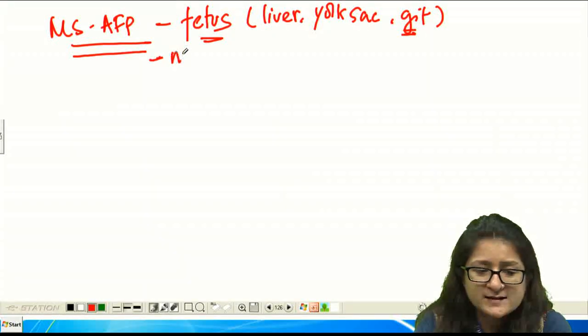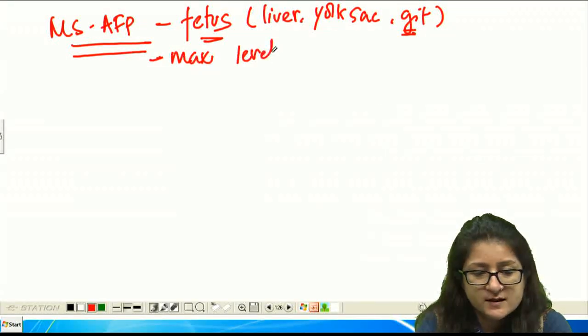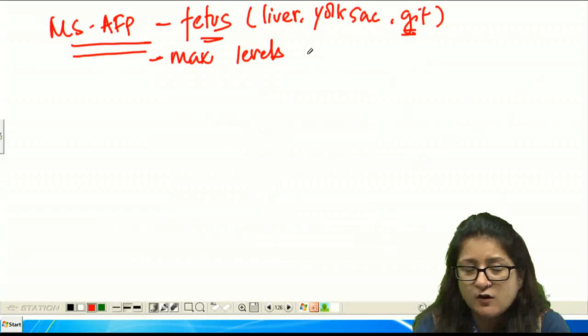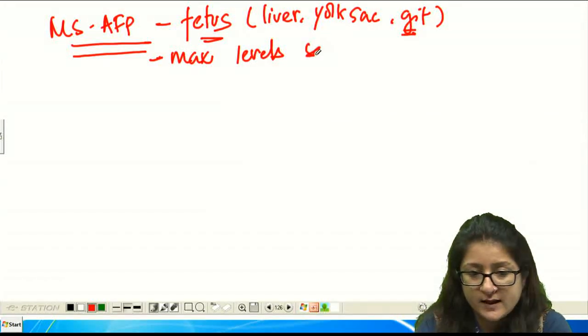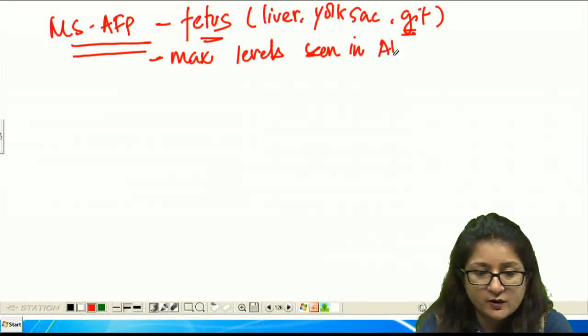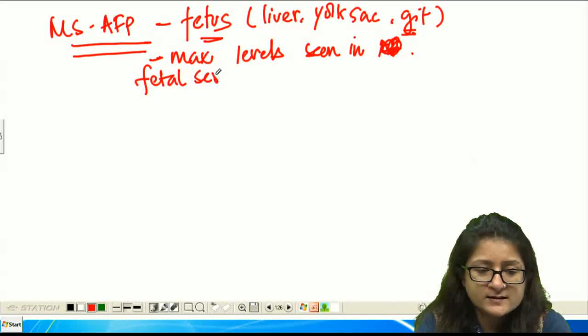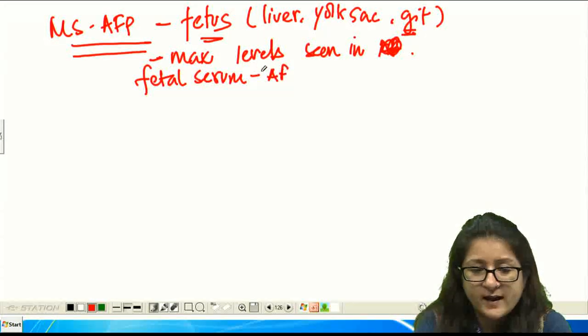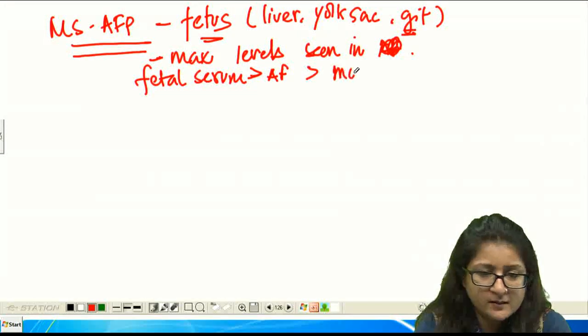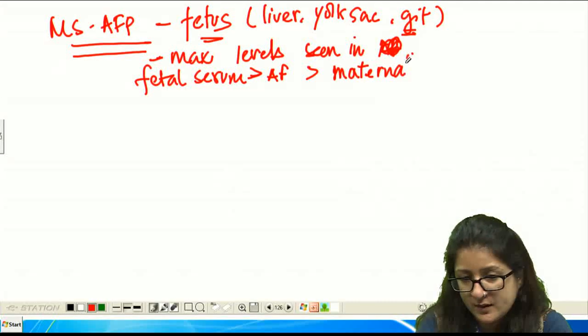The maximum levels of alpha fetoprotein are seen in the fetal serum, then in the amniotic fluid, and then in the maternal serum.